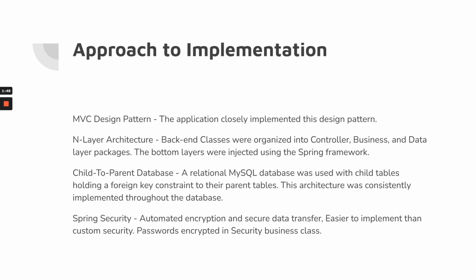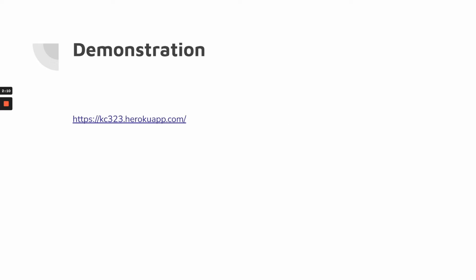For our MySQL database, we have child to parent database relationships. So the child tables will be connected to the parent tables using a foreign key to the parent table's primary keys. And then we also implemented Spring Security within the application to make sure the data transfers are secured and the user profiles are secured.